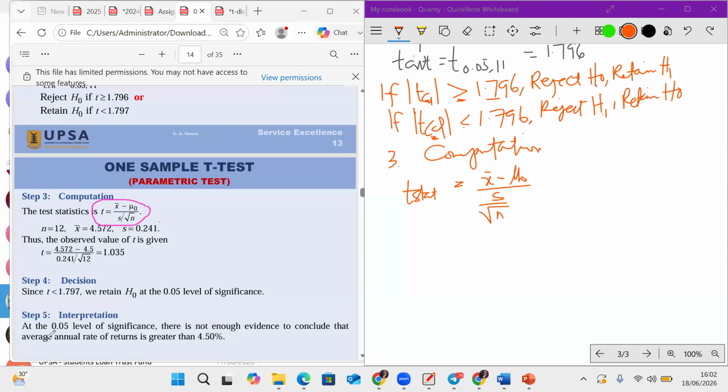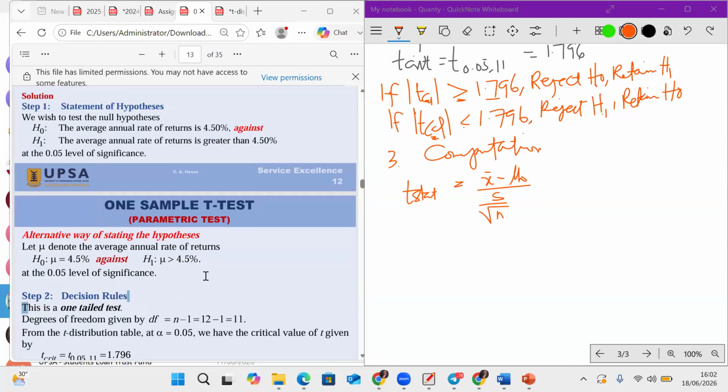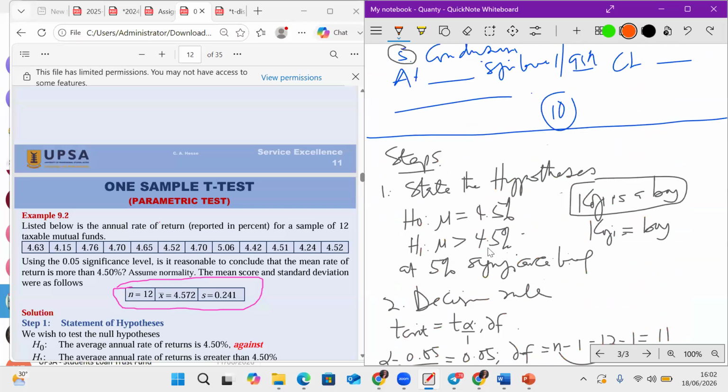And the question had already given us the values for the items in the formula. They already calculated it for us. So I come into this formula sheet and I repeat, T stat equals, what is the X bar? 4.572 minus, what is the mean? 4.5, right?